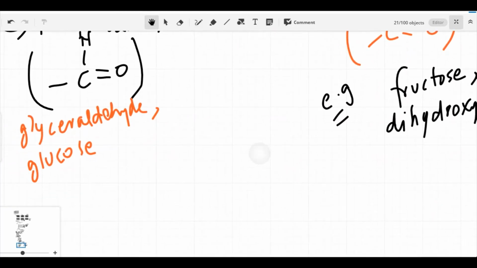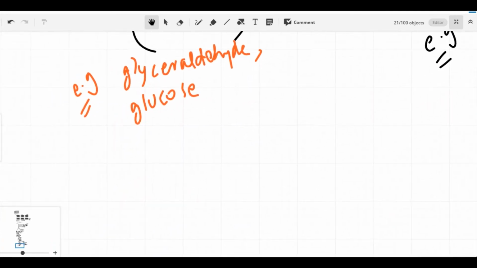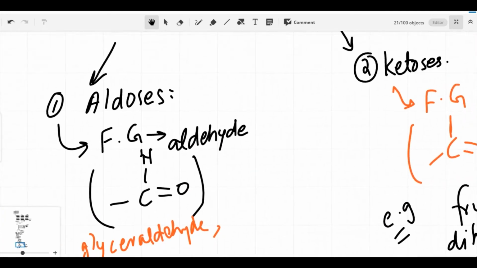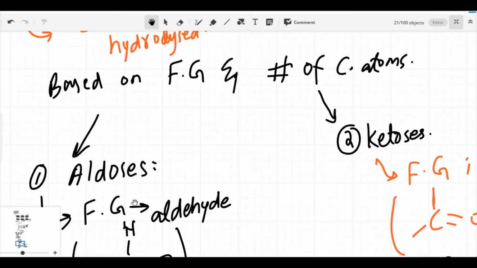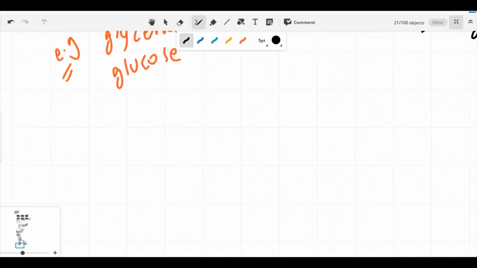So here we classified according to the functional groups, aldoses and ketoses, and based on the number of carbon atoms we can divide the monosaccharides as 3C, 4C, 5C, 6C and 7C.